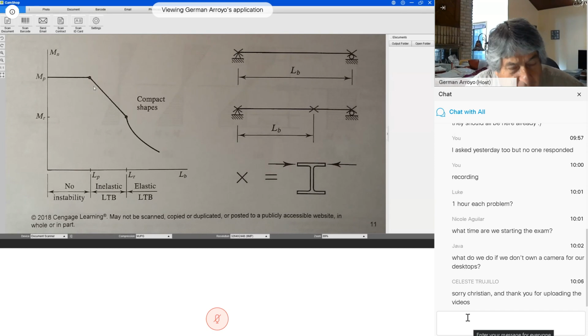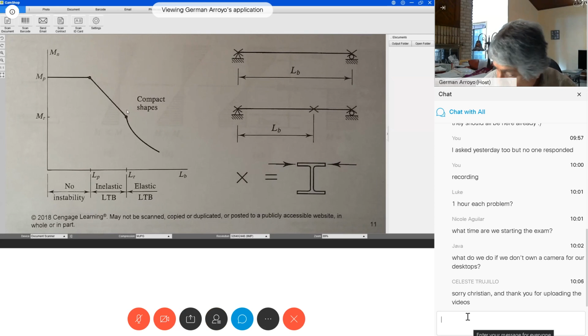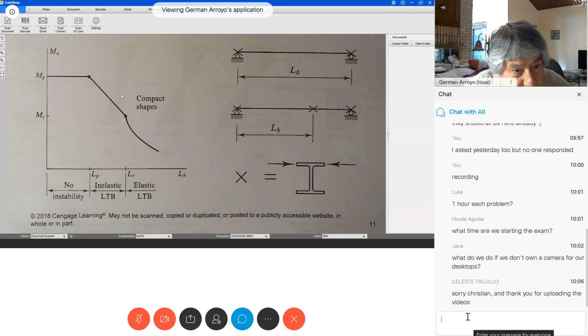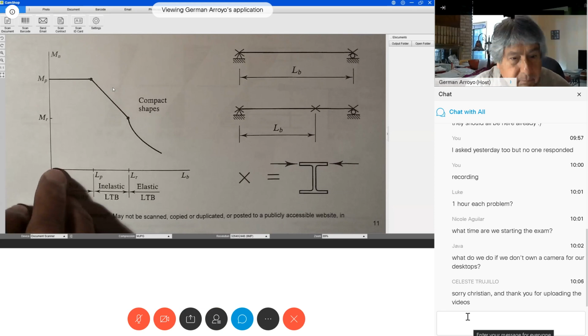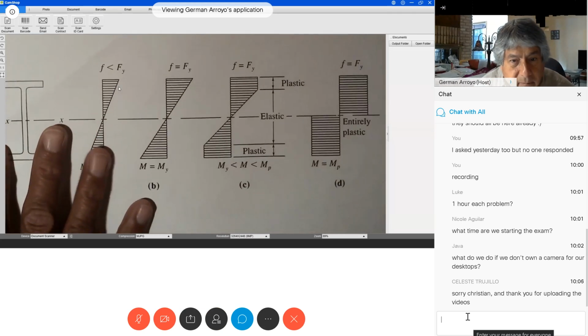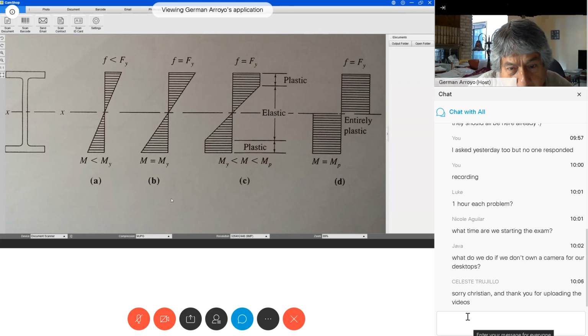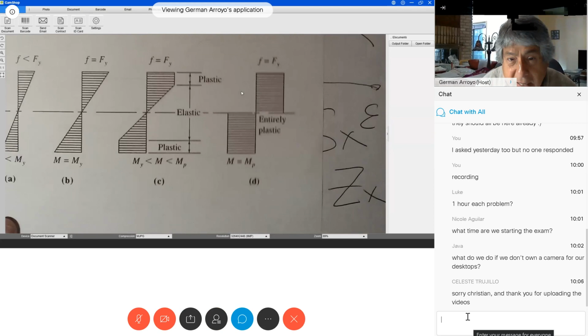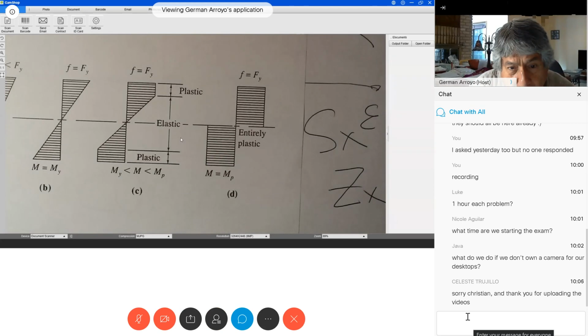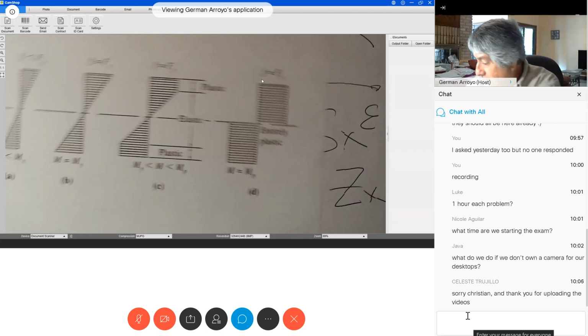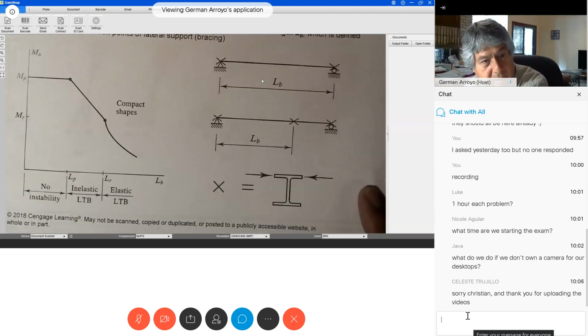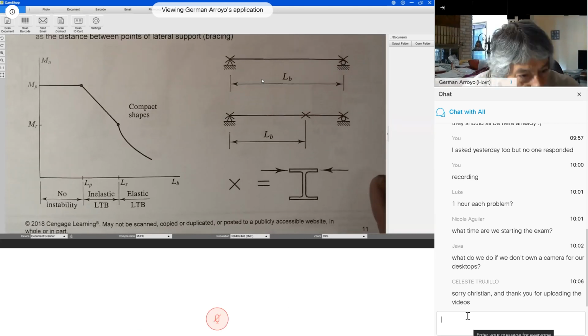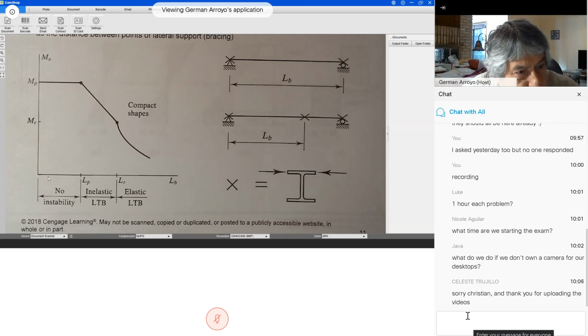You can see a straight line, and this linear equation means that we're going to have a moment between the elastic and the plastic moment. So this portion in here is the equation for this condition. Partial plastic, partial elastic. The first condition that I showed you is fully plastic. So between this point and this point, fully plastic.